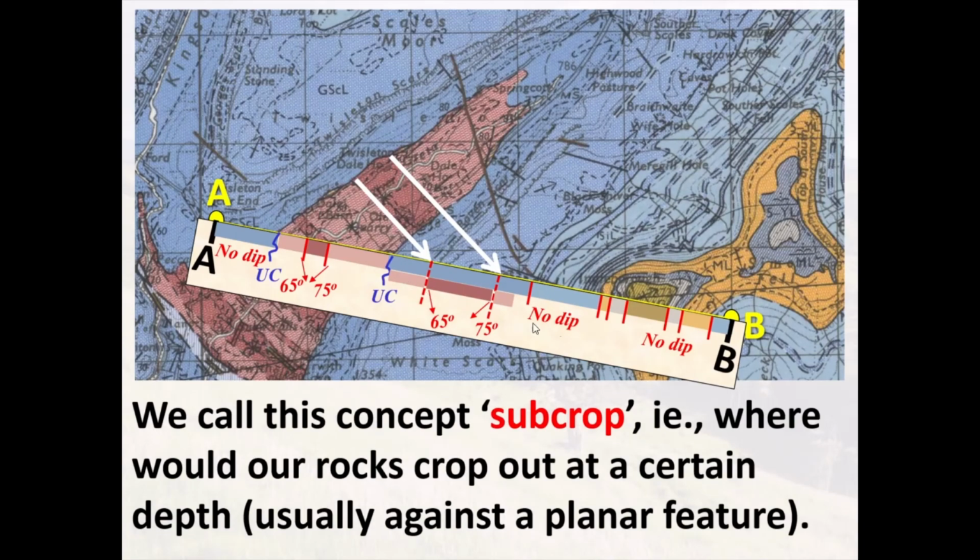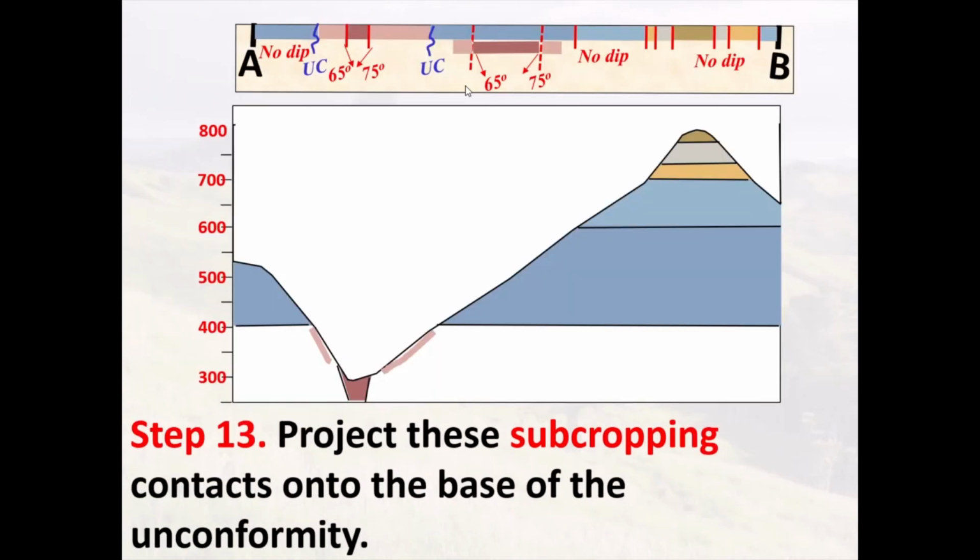Okay, so now that I've marked my subcrop on my cross-section strip, I can move back to my cross-section and mark on where those boundaries would subcrop or crop out beneath my unconformity. If we projected those rocks along strike onto our cross-section line, that's about where they'd hit.